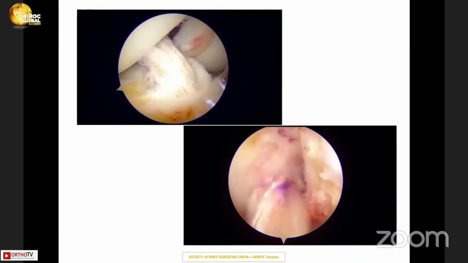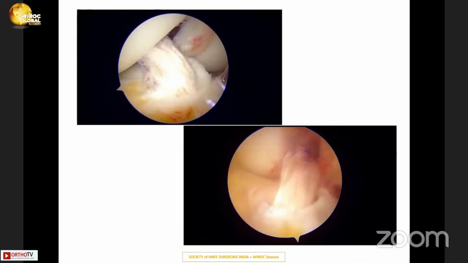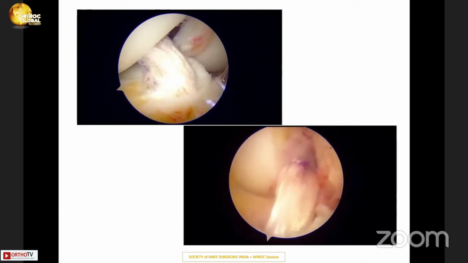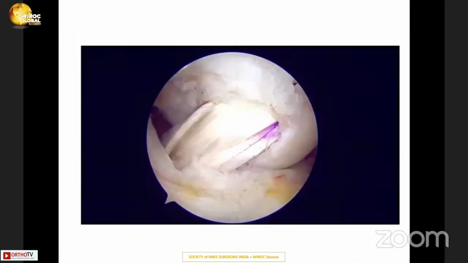This is another case where it's viewed from the anteromedial portal, where you see the anterior aspect of the graft going medially and the posterior aspect of the graft going laterally, somewhat double bundle like. Now, this is what the double bundle like effect looks like when you view the same graft from the posteromedial portal.